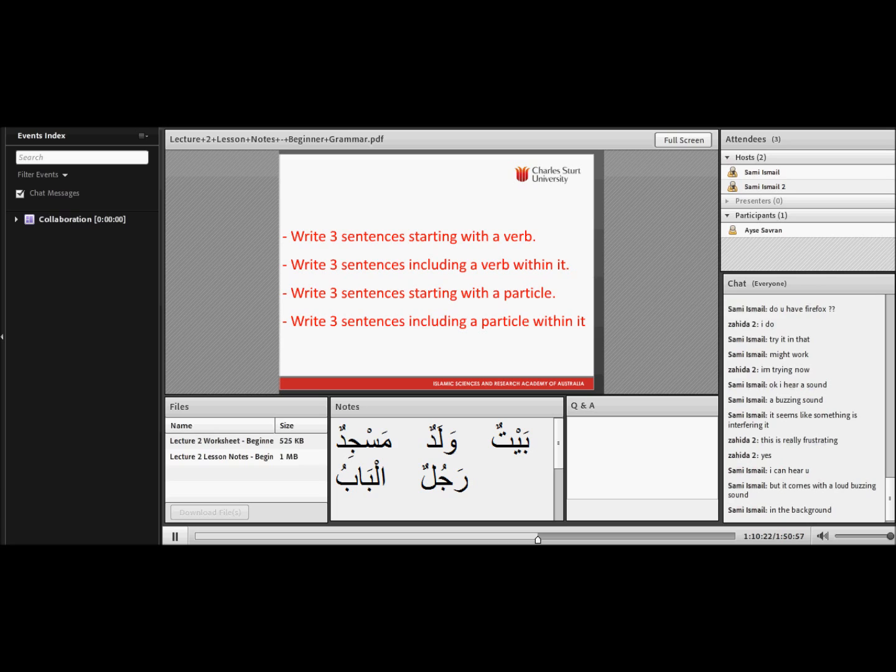Yep, it's a fi'l madi, meaning past tense. And what's Ahmad? Ahmad is ism and fa'il. Tufaha is ism and maf'ul. Yeah, it's an ism and it's an object in the sentence. That's right.